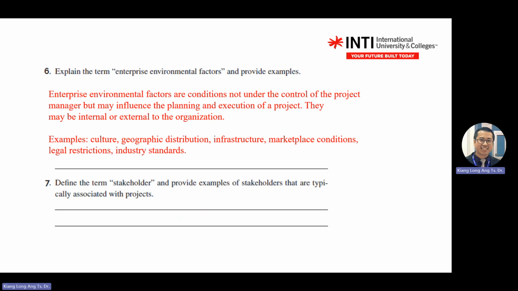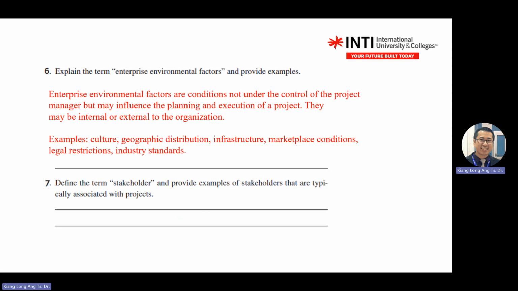Okay, define again. Define stakeholder. You saw this one in the previous chapter also. Chapter 2 also asks you about stakeholders, right? So what is a stakeholder? If you look back at chapter 2, there's one question.